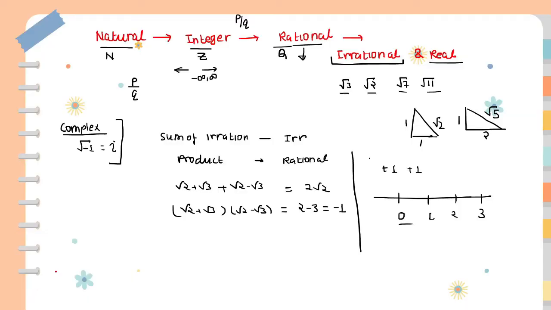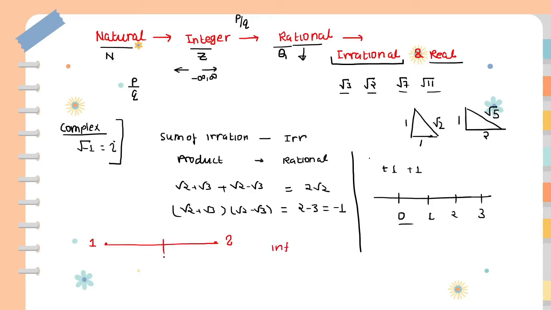So let us assume two numbers, that is 1 and 2. Okay, so we are taking a huge gap here. So 1 and 2, but what we get here is we can generate infinite rational numbers between 1 and 2.